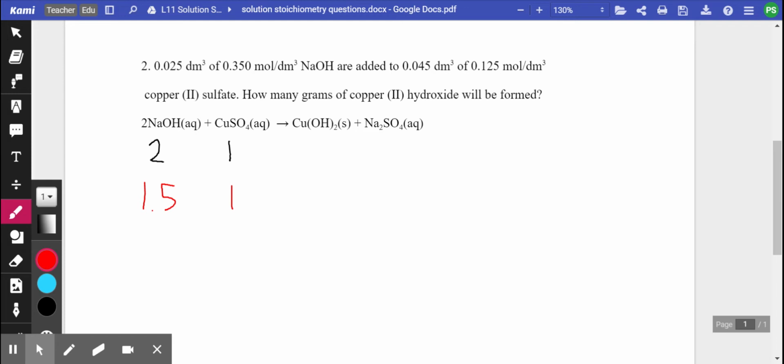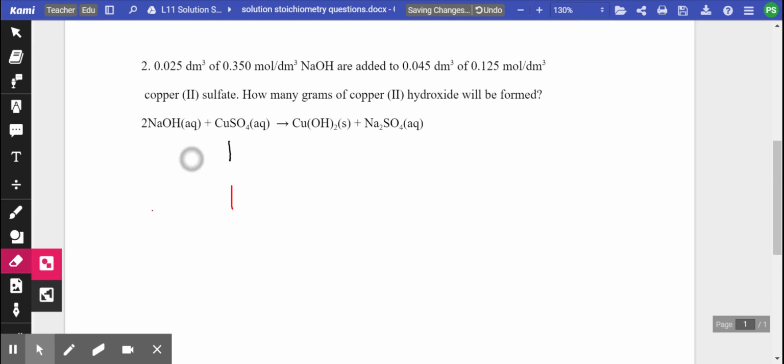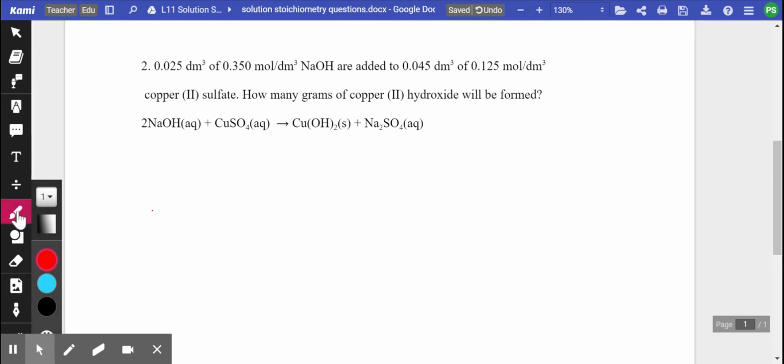Now, let's use the numbers in the actual question here to calculate how much copper hydroxide we make. So we're going to need to use the equation moles is concentration times volume, using these two numbers to find the moles of NaOH.